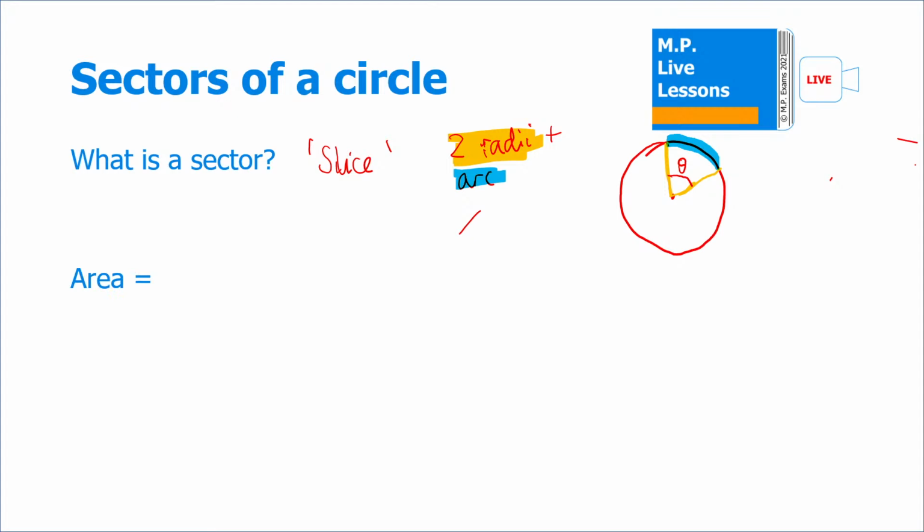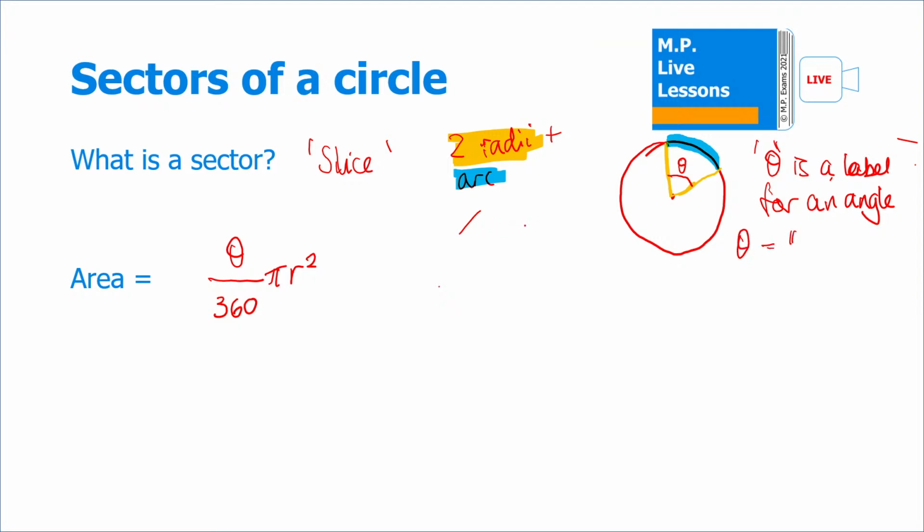And the area is basically a proportion of the normal area of the circle. So your normal area of the circle is pi times the radius squared, but then you take a fraction of it based on the angle. So the angles on a point add up to 360, and that's just theta, that's the angle. And this is read as theta.